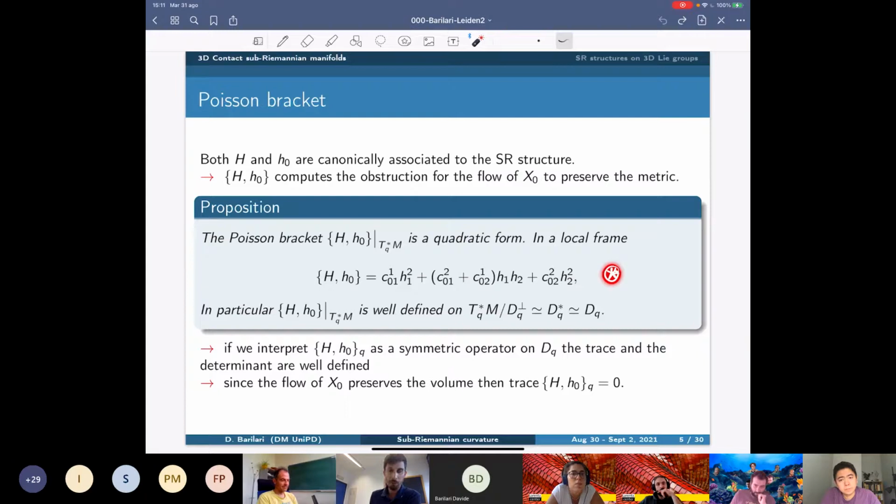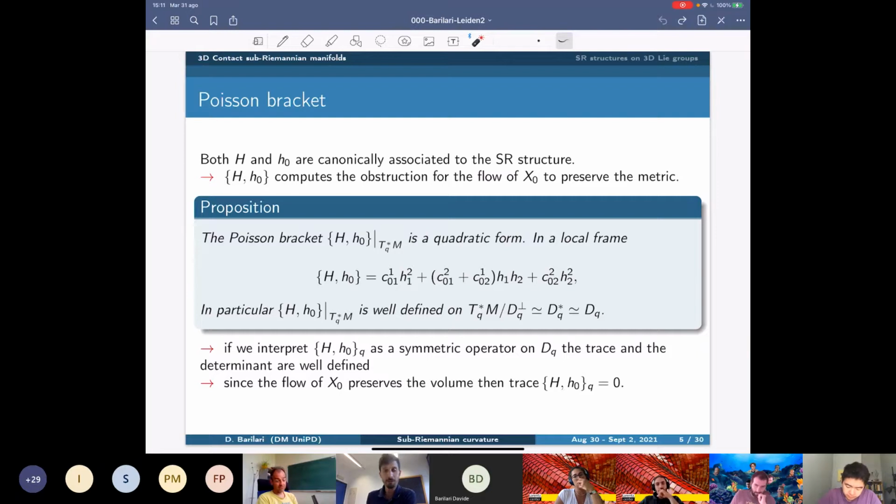This means that we can treat this quadratic form on fibers actually as defined not on the full cotangent space, but on the quotient with the annihilator of the distribution, which in the end can be identified with the distribution since we have a metric. So in the end, we can interpret this as a symmetric operator on the distribution.